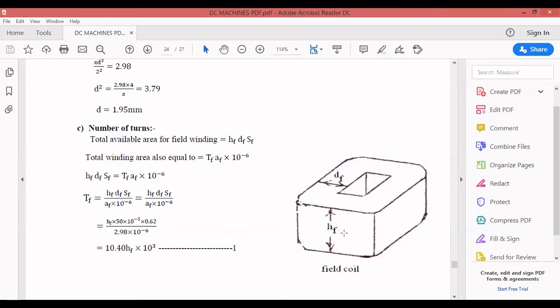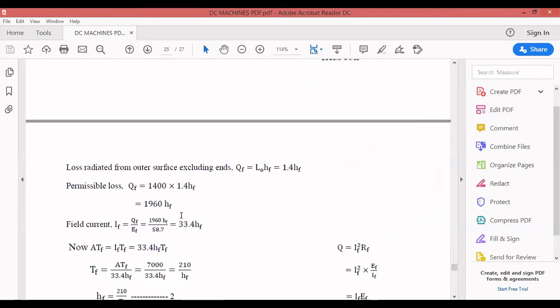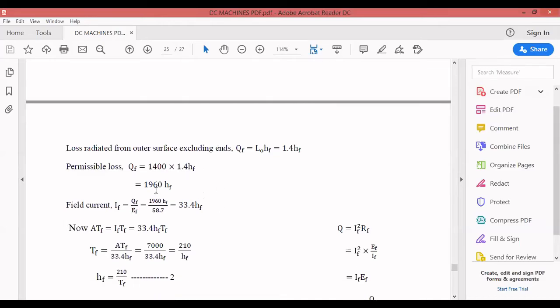Then whatever area you get, multiply by 1400. That will be the total loss. So the permissible loss is 1400 per meter square. The area is 1.4 HF, so 1400 into 1.4 HF, because this is the loss radiated or dissipated from the outer surface.